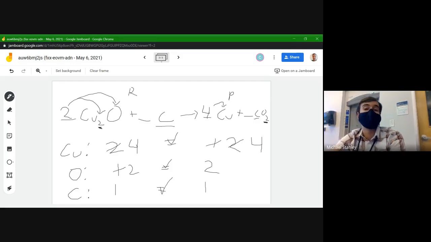Sometimes you need to do that before you get to the final balanced equation. So 4 and 4 coppers, 2 and 2 oxygens, and 1 and 1 carbon mean that our equation is fully balanced. We have the same number of each atom on the reactant side as we do on the product side.